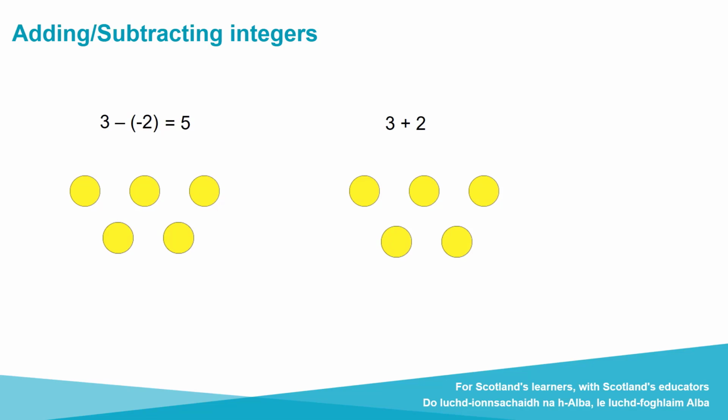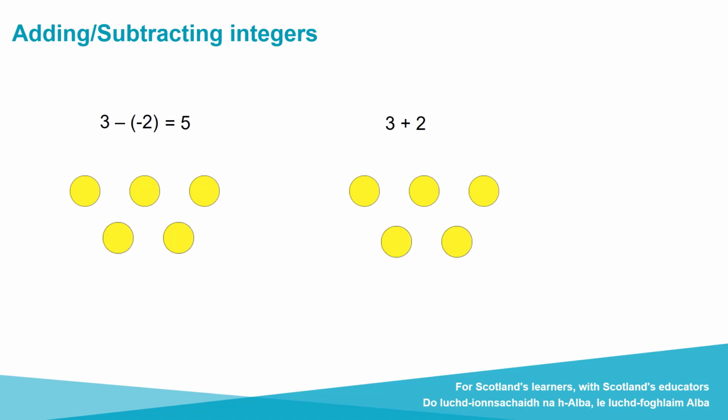So what we've got here is that in both cases, on the previous slide and this slide, we've rewritten a subtraction as an addition, but we're adding on the inverse of the original number. So here we were subtracting -2. That can be rewritten as an addition of the inverse, which is +2.